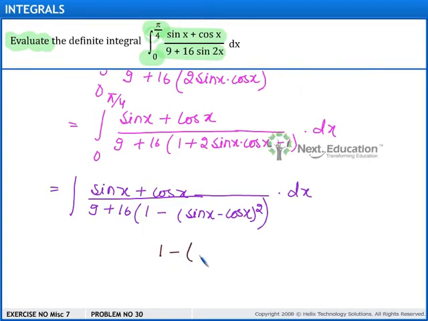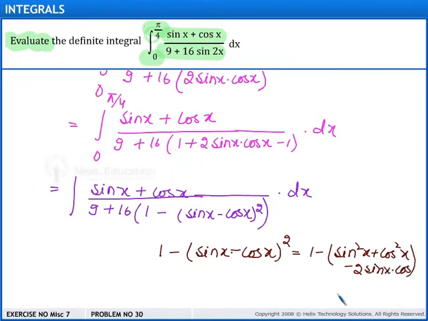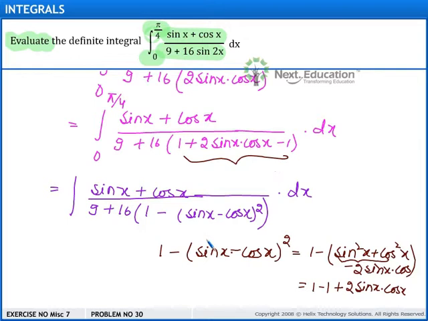On simplifying, 1 minus (sin x minus cos x) whole square, we get 1 minus of (sin square x + cos square x - 2 sin x cos x). Sin square x plus cos square x is 1, so we have 1 minus 1, and minus into minus is plus, so we get 2 sin x cos x, and this is this term.